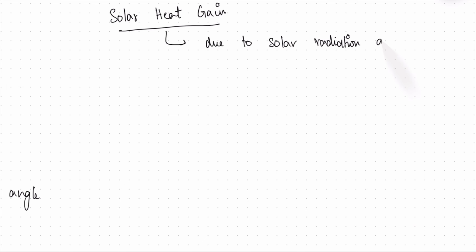And the formula is: solar heat gain is equal to U value into absorbance of the external surface divided by surface conductance of the outer surface. So SHG is your solar heat gain.